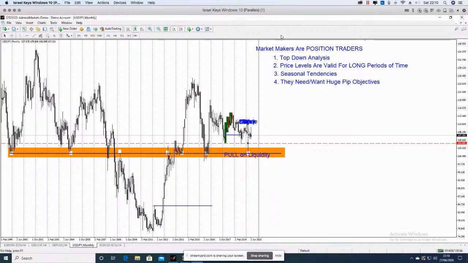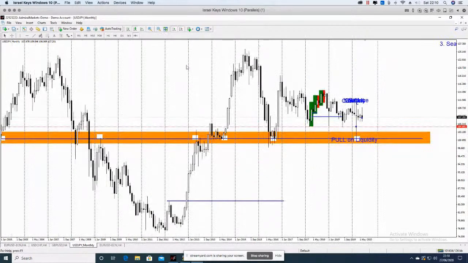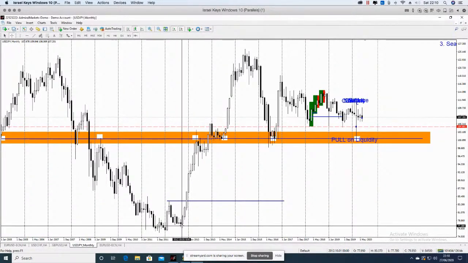And so again, if you look at a monthly chart for this, let's look at these moves here. So price picks up here, and on the monthly chart, it keeps moving 8 straight months for a grand total of 2,000 pips. That's a market maker move. There's a retracement, and then it goes again.